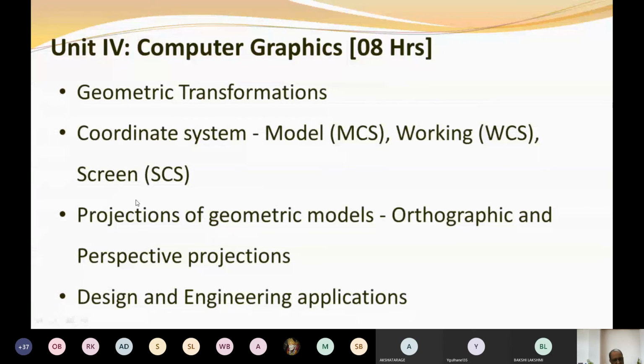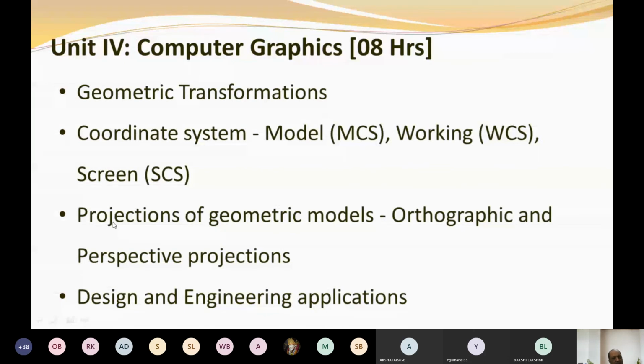Then geometric projection of geometric models, that means orthographic projection and perspective projection. Then the design and engineering application of these transformations, coordinate systems and projections.